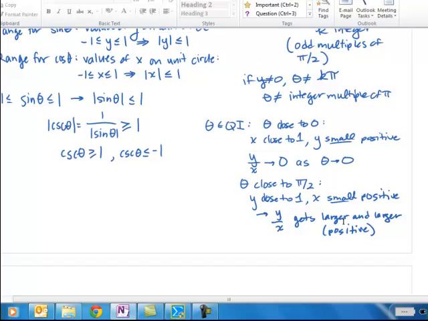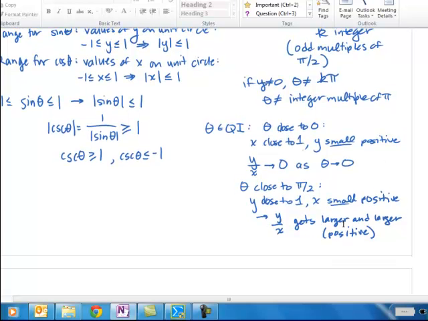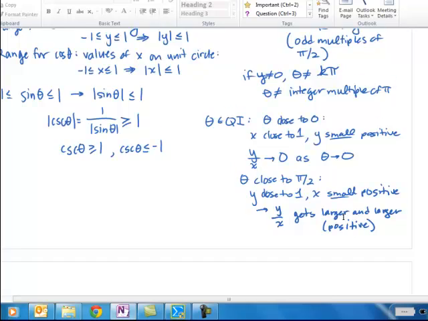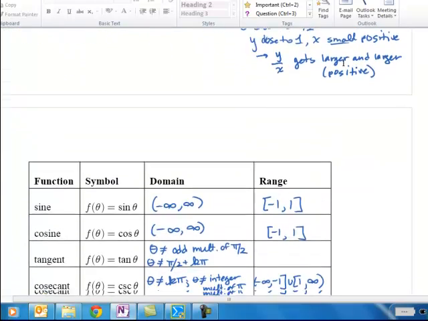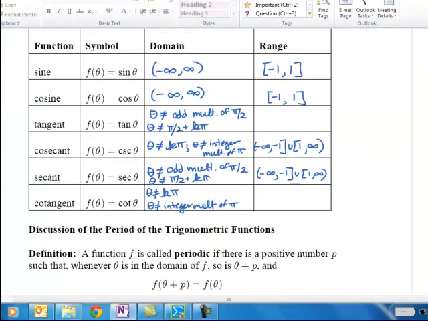Similarly, in quadrant 2, for example, the ratios are going to be negative, but we're going to have some ratios that are close to 0 and some that are large, large, large negative. So what we've argued is that the range for the tangent function is negative infinity to infinity, and the argument about the cotangent function would be similar.